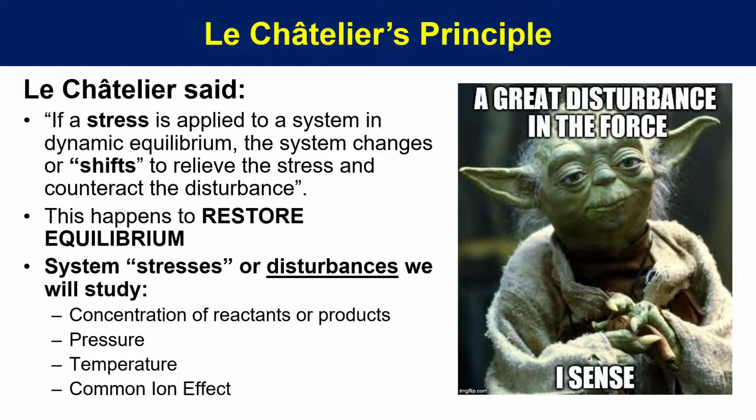In this video, we are going to get into the different types of stresses or disturbances that we will encounter in chemistry class. There are 4 listed here. They are when you change the concentration of reactants or products of a reaction at equilibrium, when you change the pressure of a system at equilibrium, when we change the temperature, and of course something called the common ion effect, which is an important topic that will set up acids and bases for us, which is our next topic.